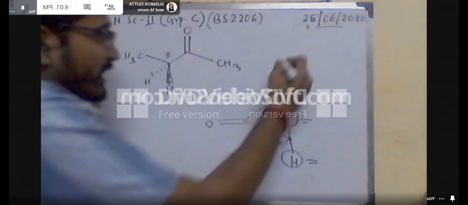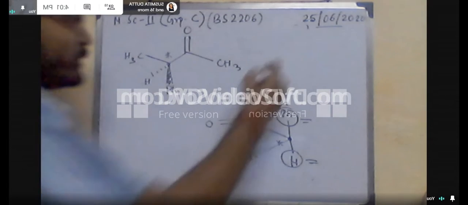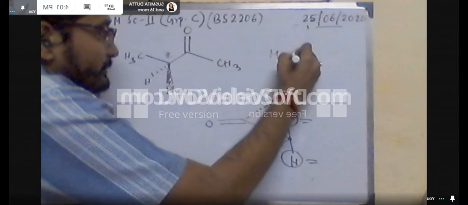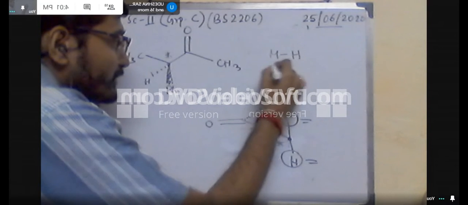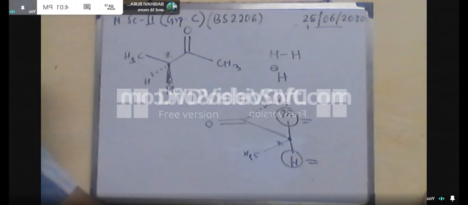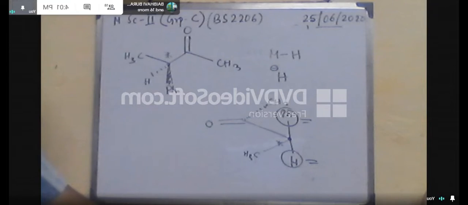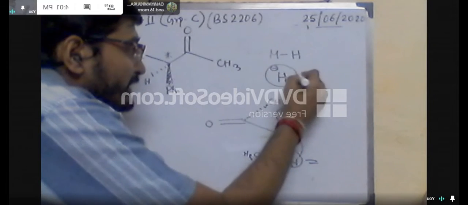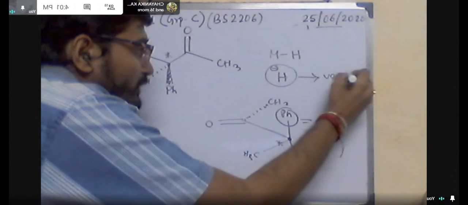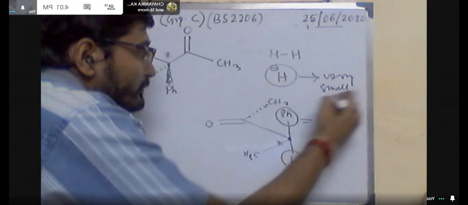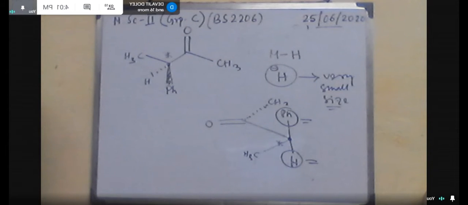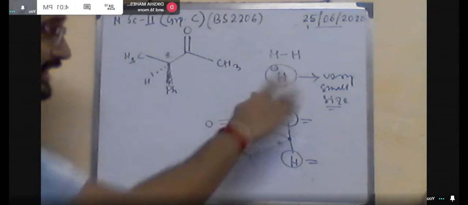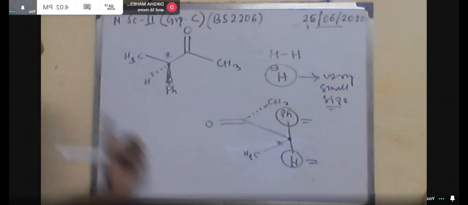Now here you can see, if the hydride attacks from the top side, then it will remain at the top side, and simultaneously OH will be on the downward side. Or if the hydride attacks from the bottom side, below the plane, then the O minus or the OH is on the top side and hydrogen is on the bottom side.